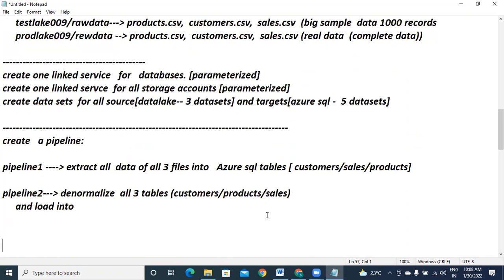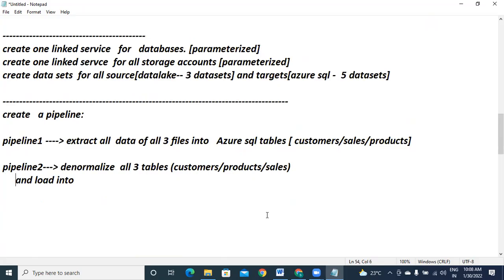Come to this and load into the sales_denormalized table. Got it? And then pipeline 3.